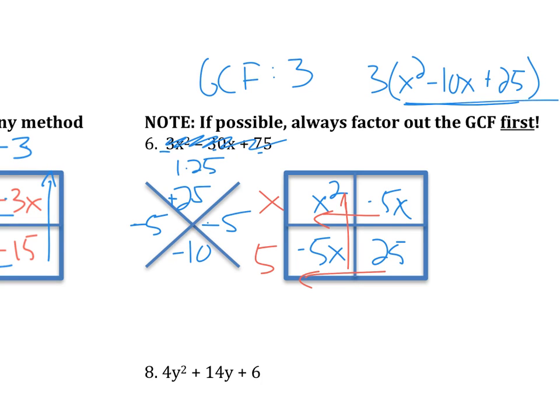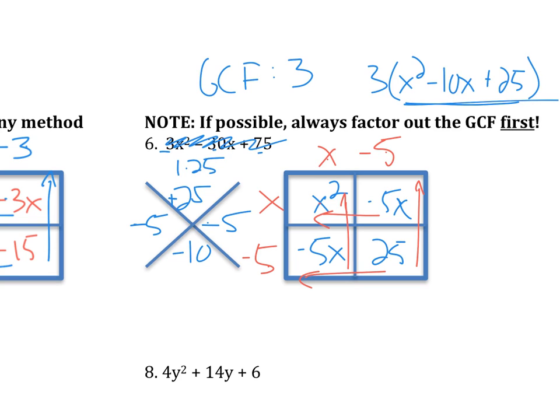We go this way, that gives me an x. And then we go this way, that gives me 5. Now as we double check, x times x is x squared, that's good. X times 5 is positive 5, but we need negative, so I'm going to make this a negative 5. And then negative 5 times 5 is negative 25, so I need to make that one negative. X times negative 5 is negative 5x there, so we're good.